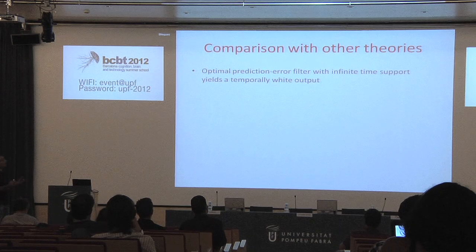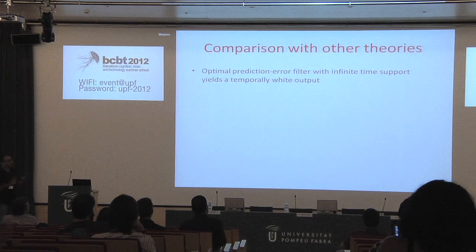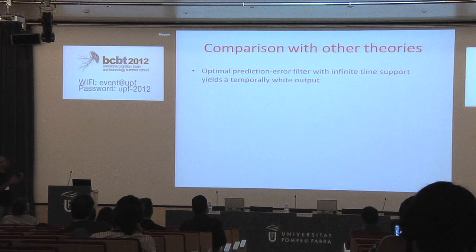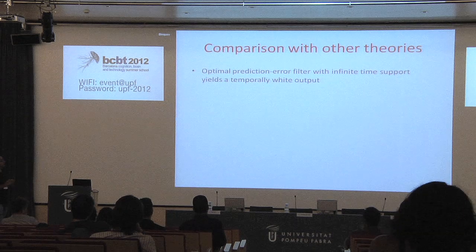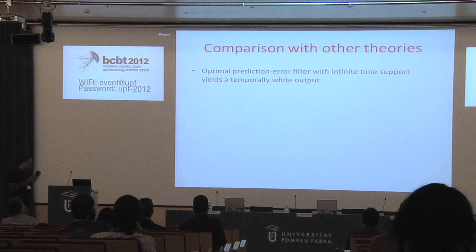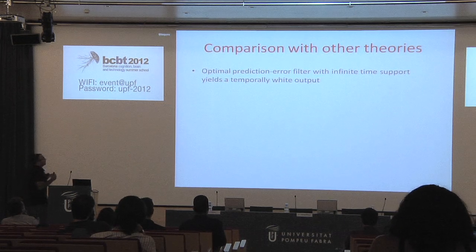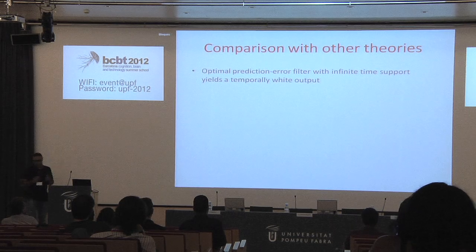And so I should compare with what has been done before. I'll do it very briefly. I can't do full justice to that work. But just to make sure we make a proper connection, there is one thing I should say.